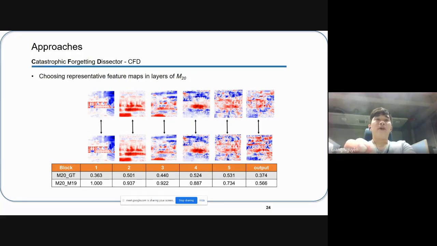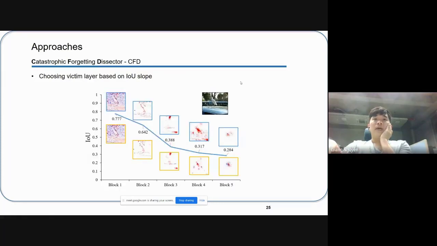I compare the visualizations of M20 and M19, and I pick the feature maps on M20 having the highest IOU overlap with M19. And I record the IOU values, and I draw the IOU slope like this.